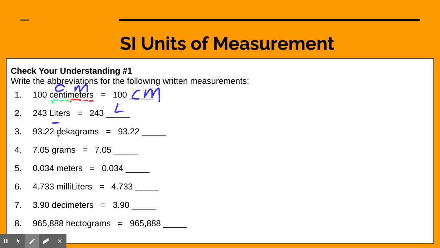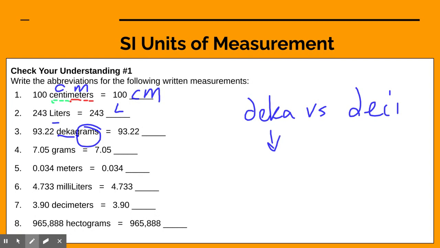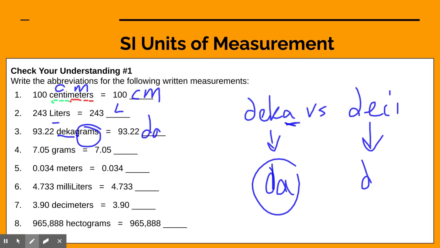Decagrams, so we've got deca and then grams. So deca, remember, because it's deca versus deci, and trying to remember which one's which. Deca, because it has an A, we should just always remember it's DA. Deci, because there's no A, obviously it's just a D. So deca we're going to use the DA, and then it's grams, so it's DAG.